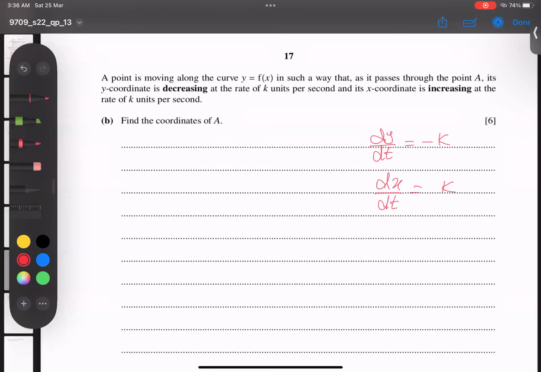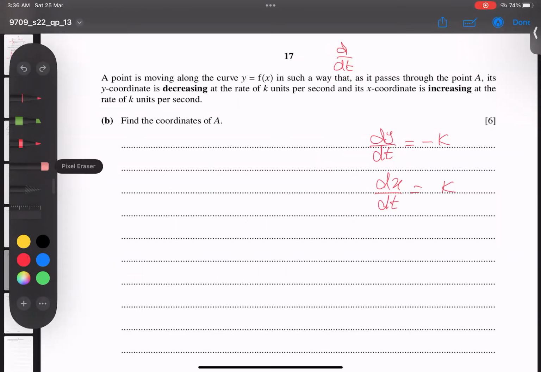Again, repeat, the y coordinate is decreasing, that is why the minus sign. Whenever a rate is involved, d over dt is the basic way. So d over dt of y, because y is decreasing, and d over dt of x, because x is increasing.